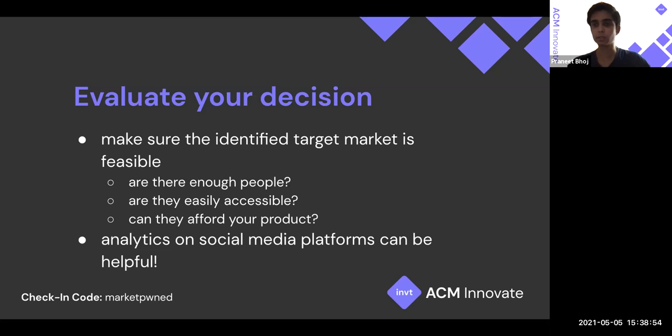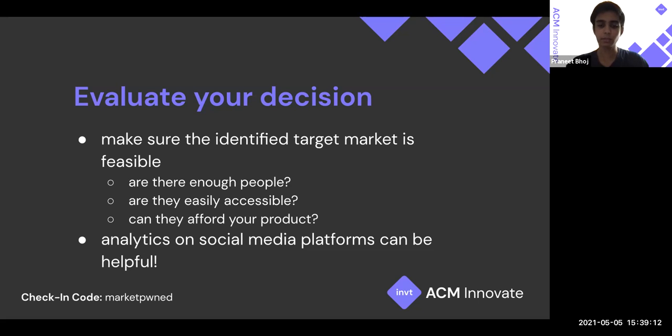And then you have the control over how to shift the price of your product to align with the target market, or you can think about shifting the target market itself to a different group of people that might be able to afford the product at the price that you have.